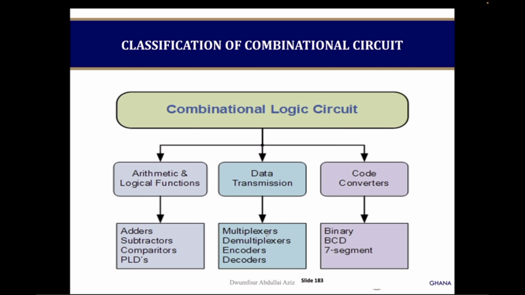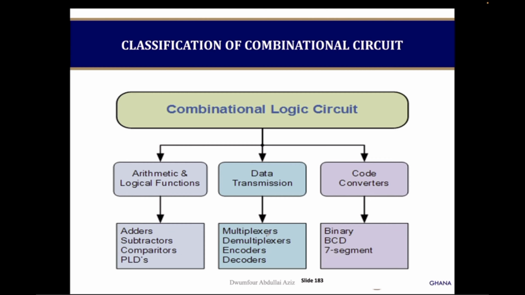It cannot do anything. So this tells us that combinational logic is very, very important, and that is why we need to go into this and try to understand how these things are done.